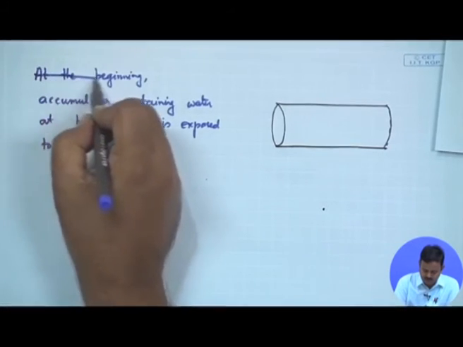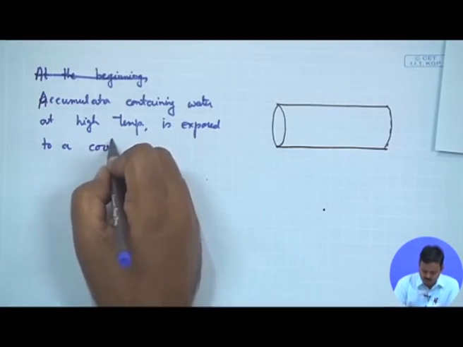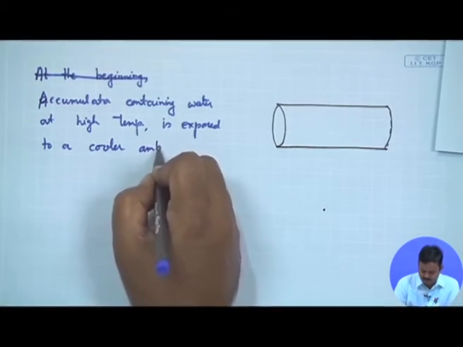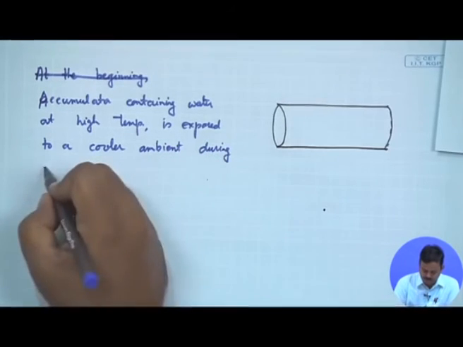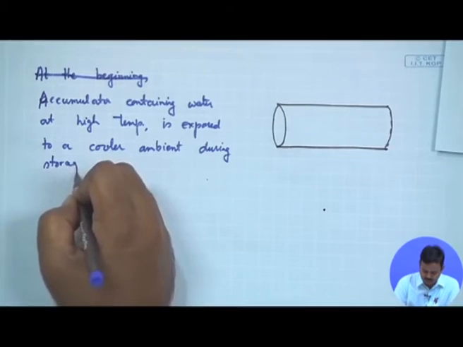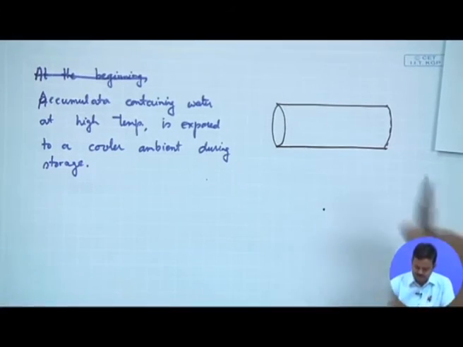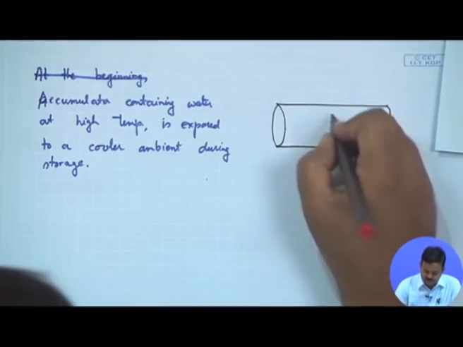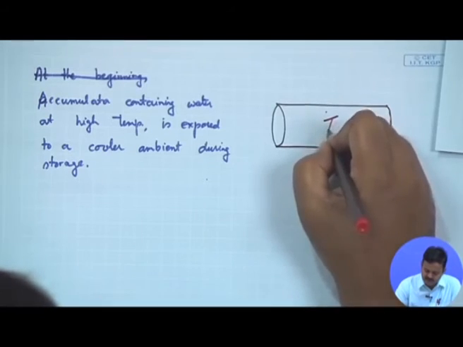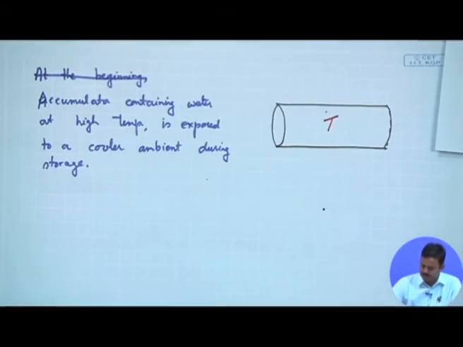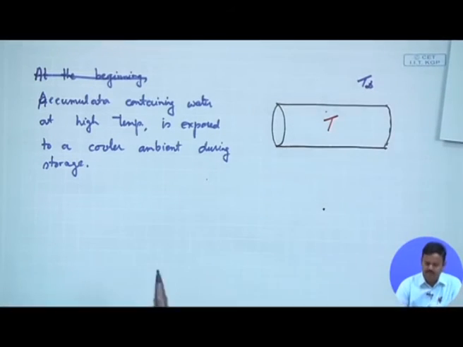Okay. Let me remove that at the beginning. I would say the accumulator is exposed to a cooler ambient during storage. Clear? So, which means let us say the temperature of the accumulator is T, and outside I have a cooler ambient which is T ambient.